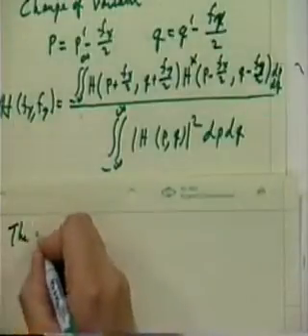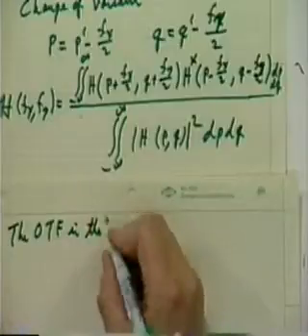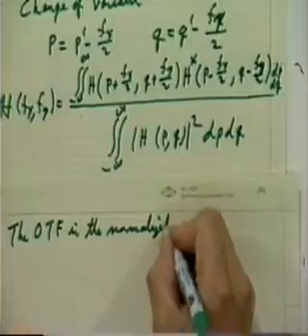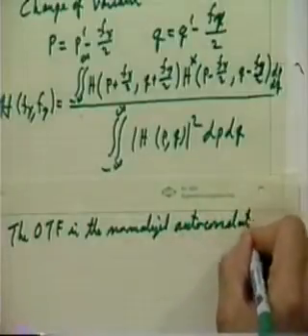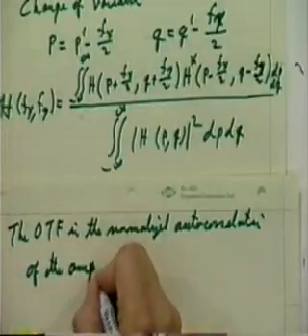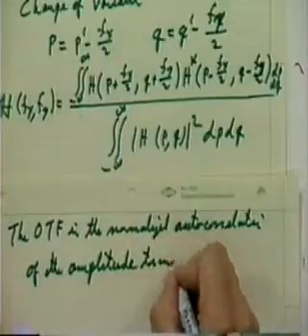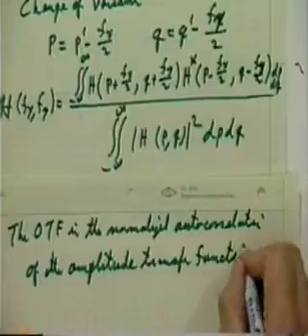So the OTF is the normalized autocorrelation of the amplitude transfer function.